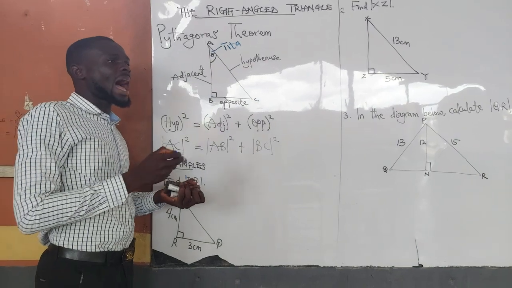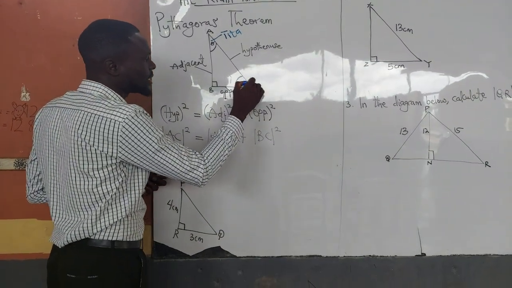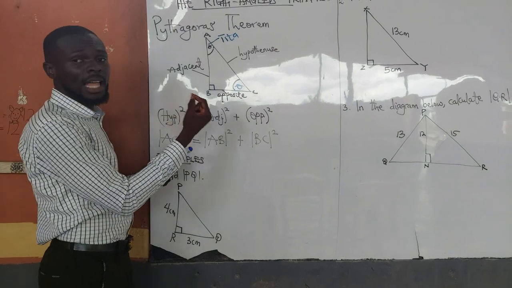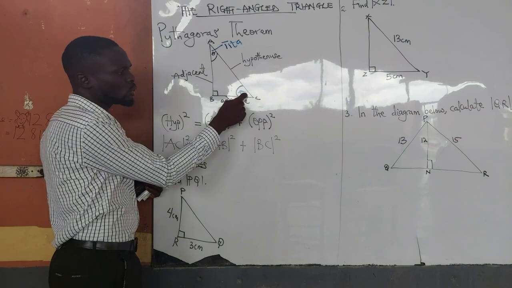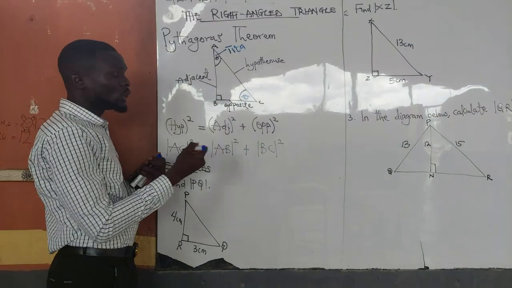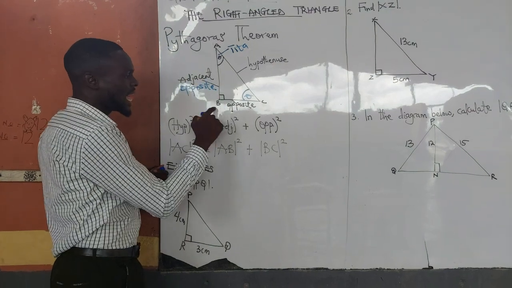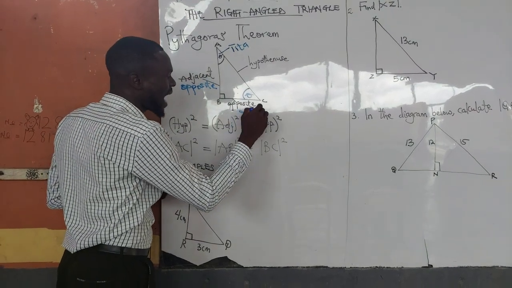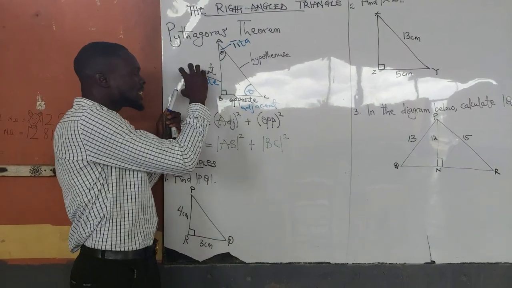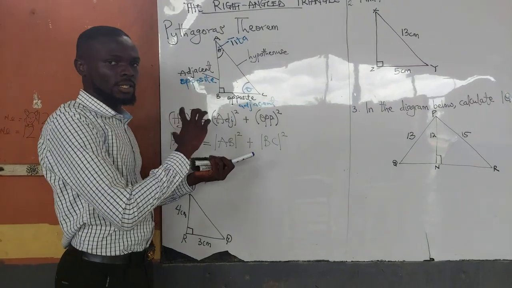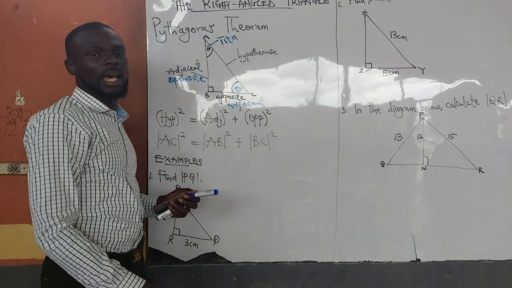Now, assuming that I'm able to get my angle here, let's say theta, you will notice that this side of the triangle becomes opposite to the angle. So we are going to give this side the opposite. And this side becomes the adjacent. That is why I'm saying that the opposite and the adjacent change. But the constant name, which doesn't change, is the longest side.